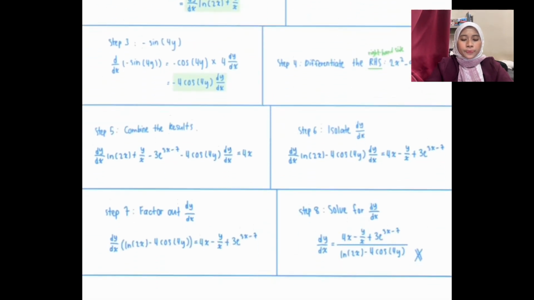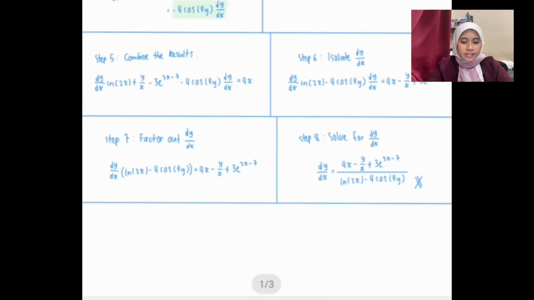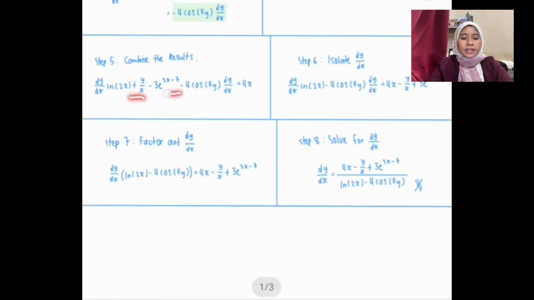So we get dy over dx ln 2x plus y over x minus 3 e power of 3x minus 7 and negative 4 cos 4y dy over dx equal to 4x. And in step 6, we isolate dy over dx. So we move the y over x and negative 3 e power of 3x minus 7 to the right side, and then we get this answer.